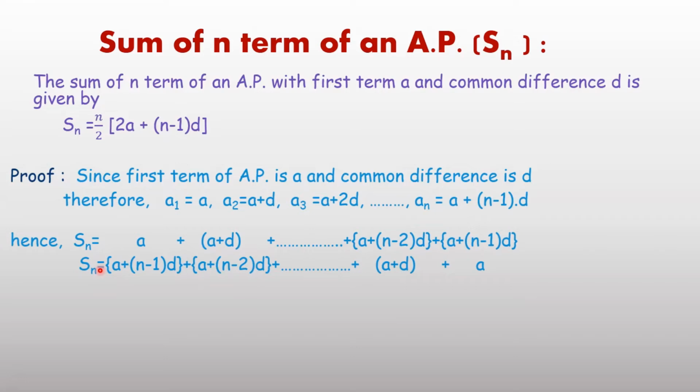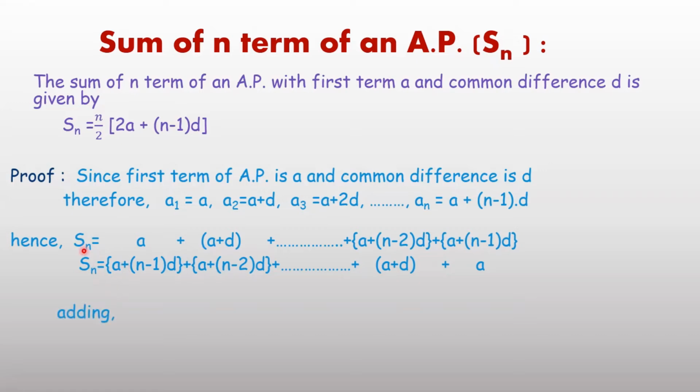Again write down Sn, but start from the last term. The last term is written first, a plus n minus 1 into d, plus a plus n minus 2 into d, dot dot, and a plus d plus a. Sn is written 2 times, but in the RHS the order is changed. The first time it is written starting from the first term and the second time it is written starting from the last term.